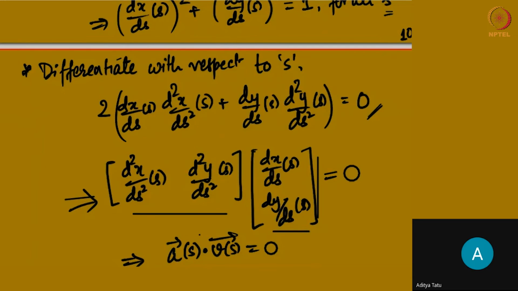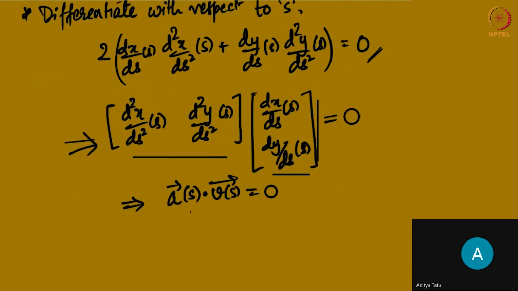You have seen the scalar product or the dot product in your physics or math courses earlier. Yes, sir. So I hope you recognize that this tells us that your acceleration vector and your velocity vector will be perpendicular to each other. The dot product being 0 means the two vectors have to be perpendicular.